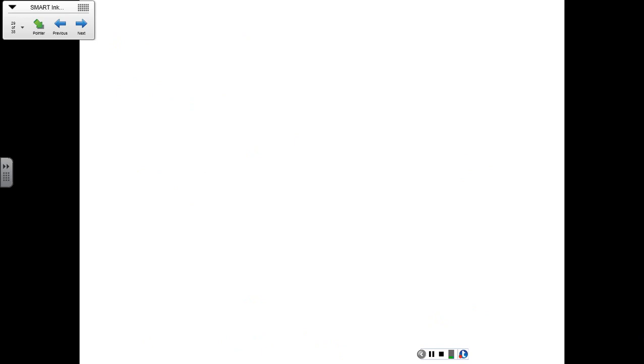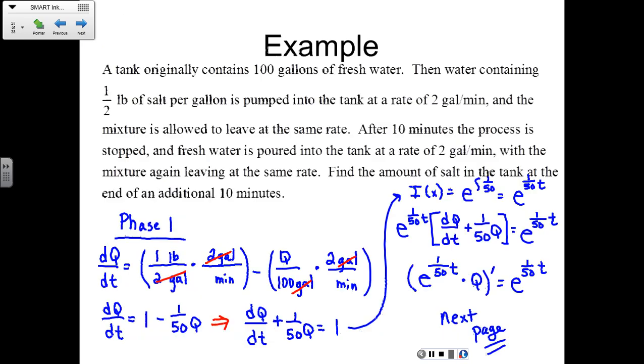Phase 2. I'm going to stop the process. Now we're going to start something different. Fresh water is poured into the tank at a rate of 2 gallons per minute.